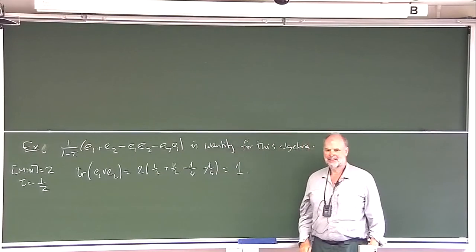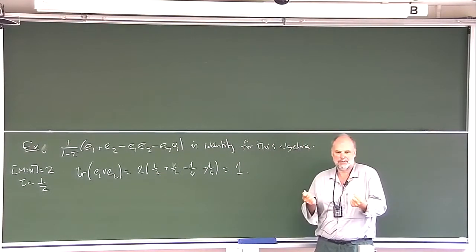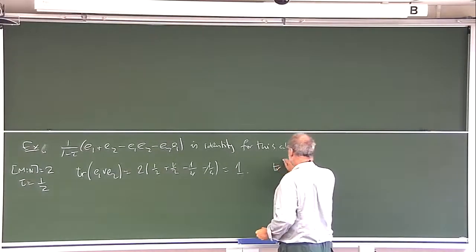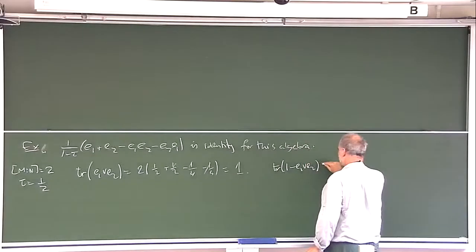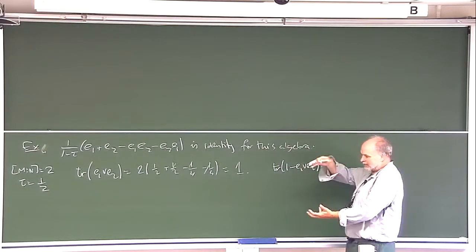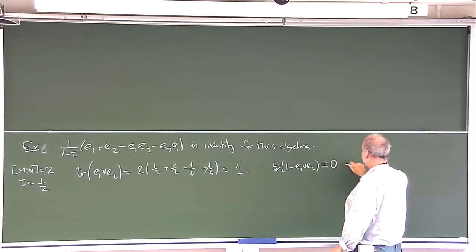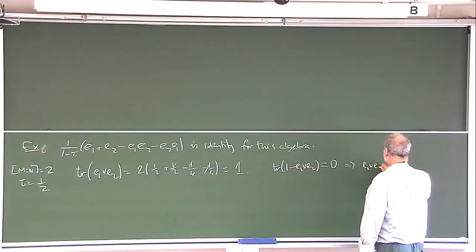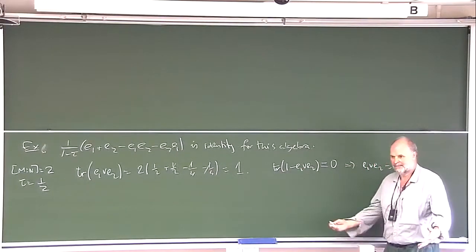All right? But you see, we're in the 2-1 factor. Remember, this trace is positive definite. So the trace of 1 minus E1 sup E2 is therefore equal to 0. But E1 sup E2 is a projection, so it's less than 1. So this trace being equal to 0 means that E1 sup E2 is actually equal to 1. It's amazing.